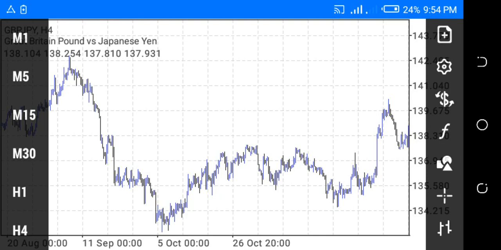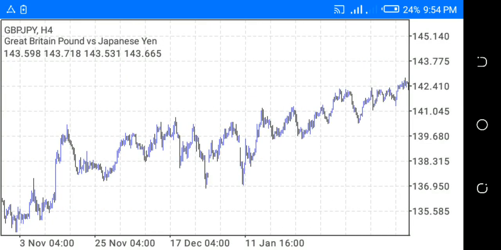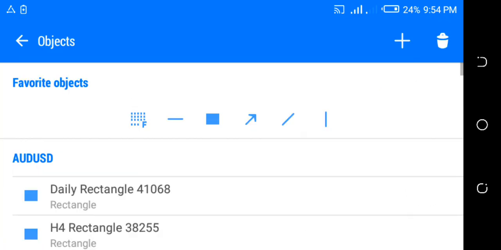There are three things that we're going to be looking out for on how to draw a Fibonacci. The first thing, we want to look at the market condition. In this scenario, like we can see here, this market is actually bullish.